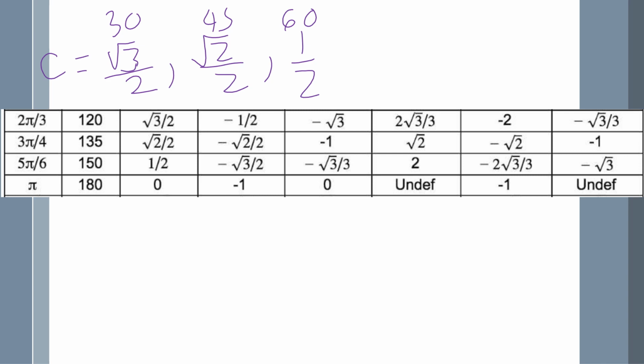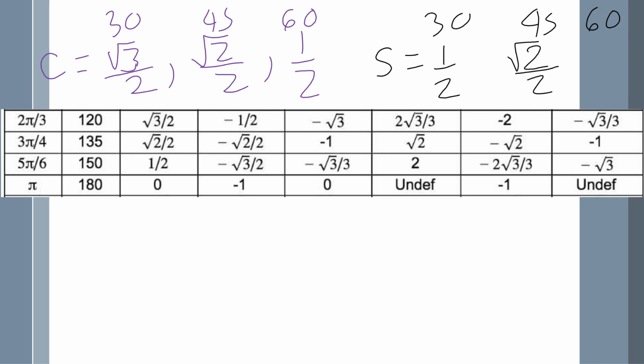And sine is going to go 1, 2, and 3. So 1, 2, 3 for sine, and cosine is going to go 3, 2, 1.